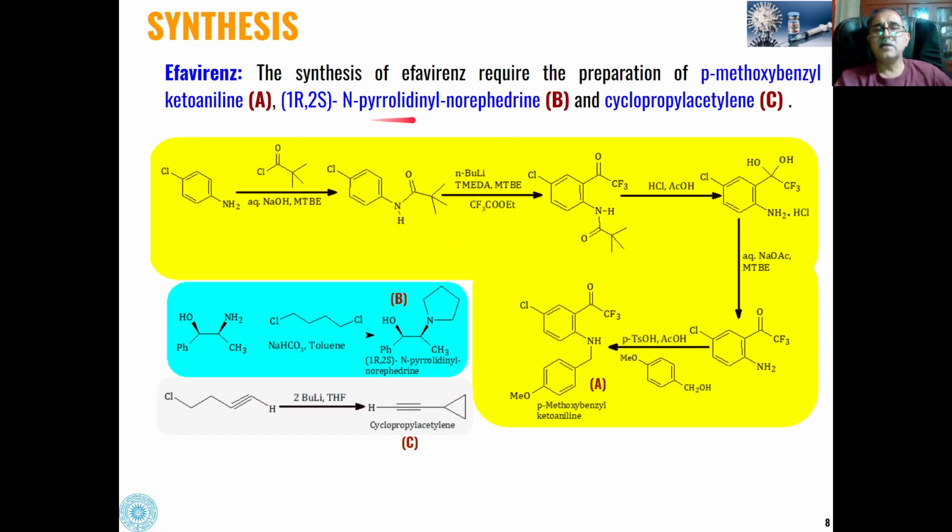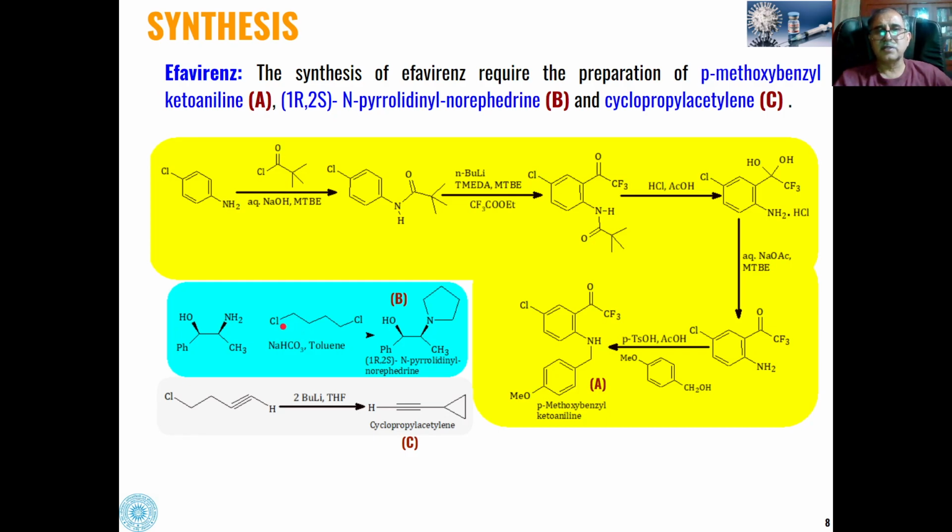Then the second substrate which is required for the synthesis of efavirenz is N-pyrrolidinyl norephedrine. This is synthesized from this type of amino alcohol.